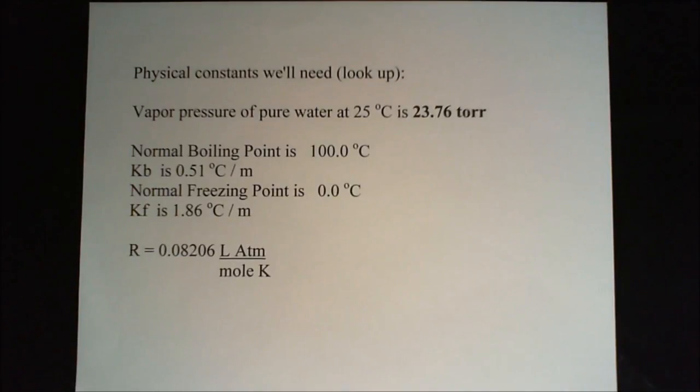And the boiling point elevation constant is 0.51 degrees Celsius per mol. The normal freezing point is 0 degrees Celsius for pure water, and its freezing point depression is 1.86 degrees Celsius per mol. And we'll also need the gas law constant, and the one that we're going to use today is 0.08206 liters atmospheres per mole Kelvin.